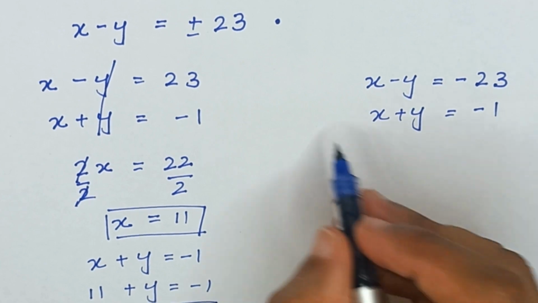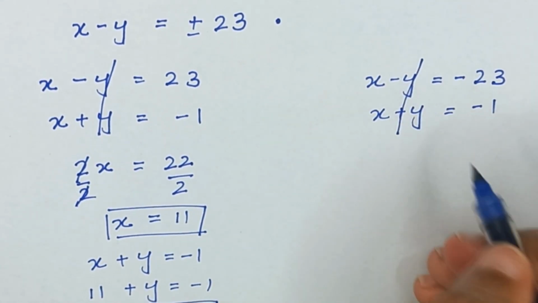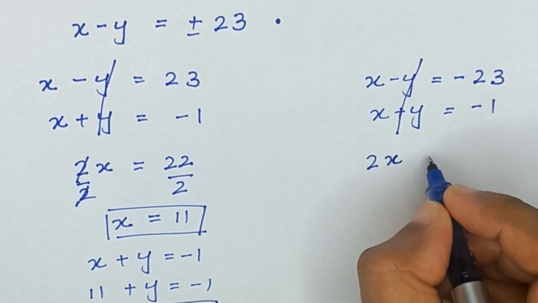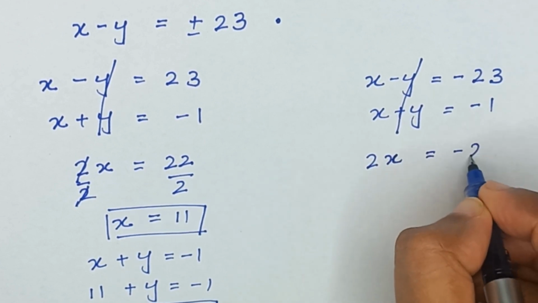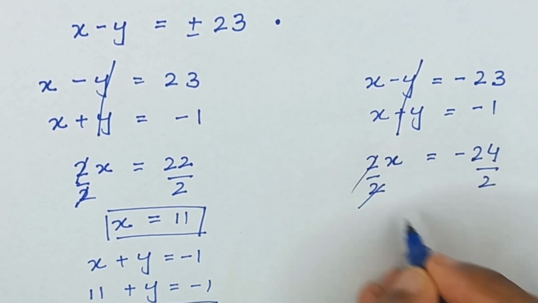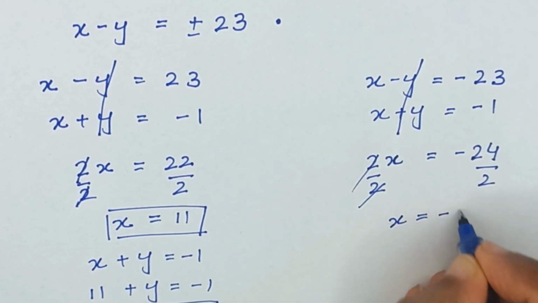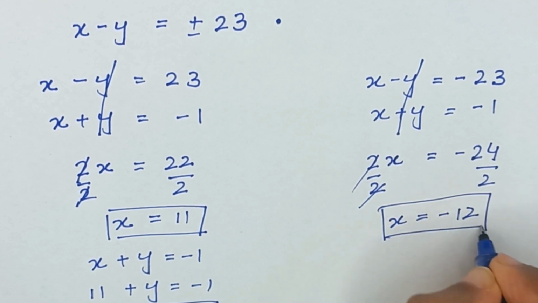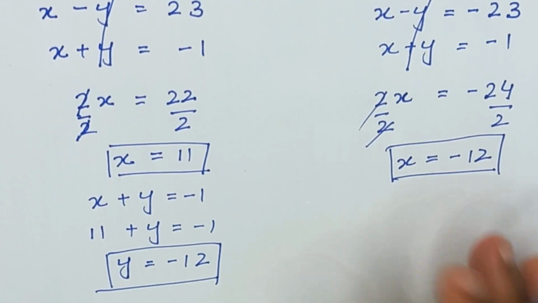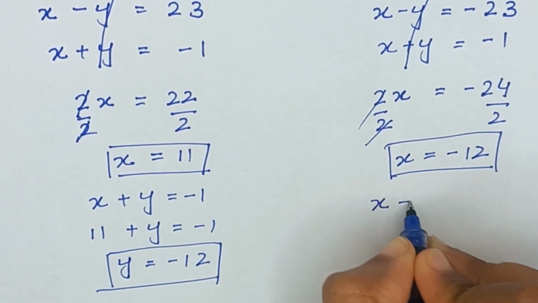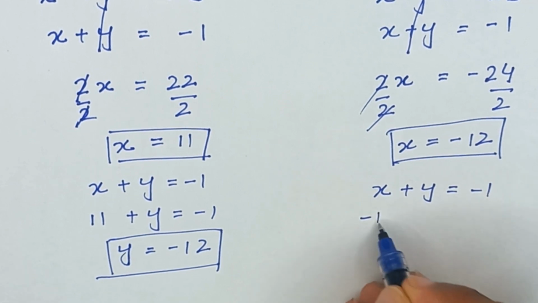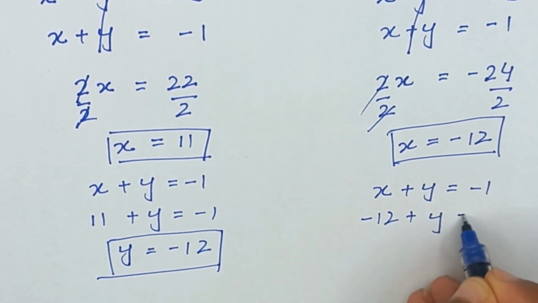Similarly, I will solve these two equations. So y and y will cancel out. It will give us 2x is equal to −24. Dividing by 2 on both sides, x will be equal to −12. Similarly, I will substitute this value of x in this equation. So x + y is equal to −1. x is −12, so −12 + y is equal to −1.